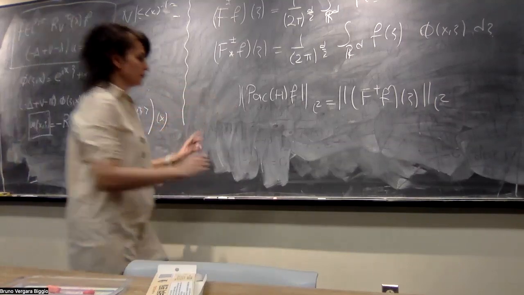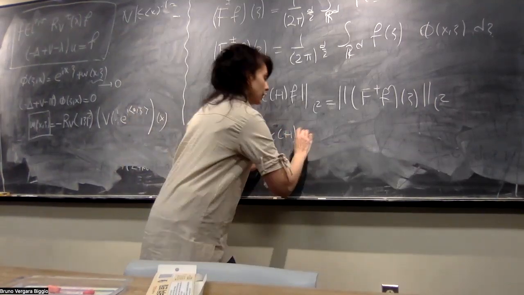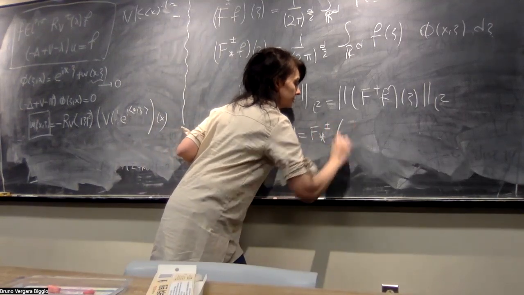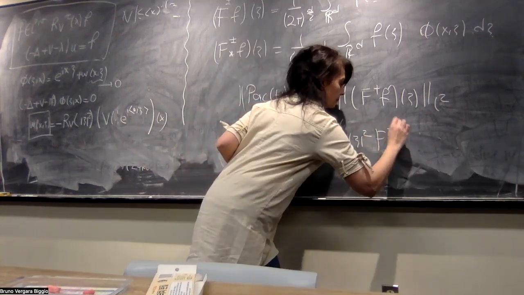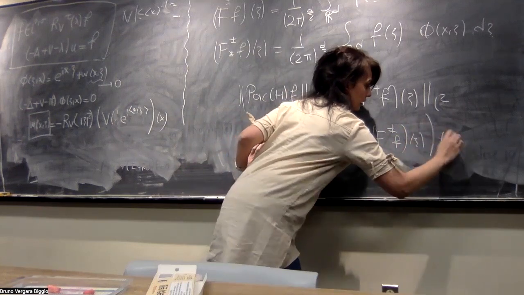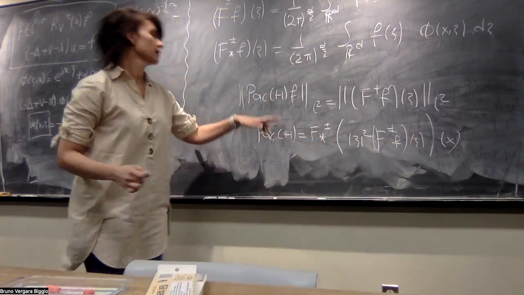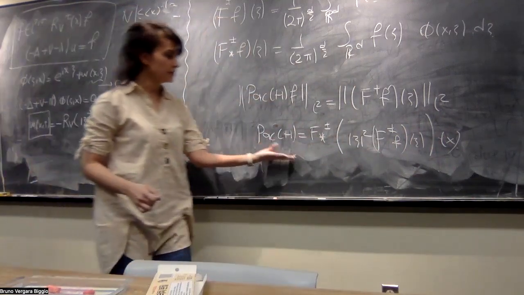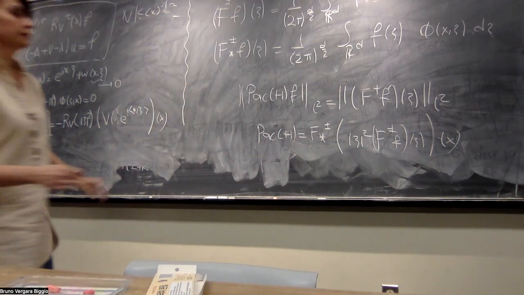And further, if you look at P_ac H f, this is also exactly equal to F star plus and minus acting on xi squared times F plus and minus f of xi. So in other words, it really diagonalizes this H on the P_ac part of H.